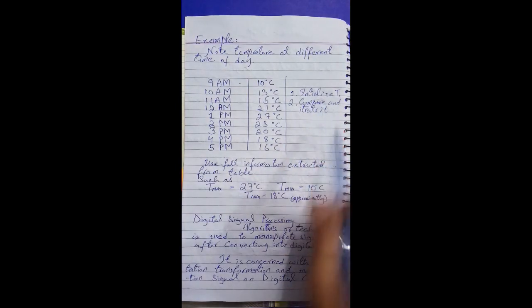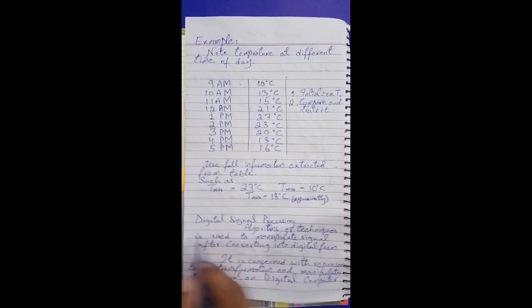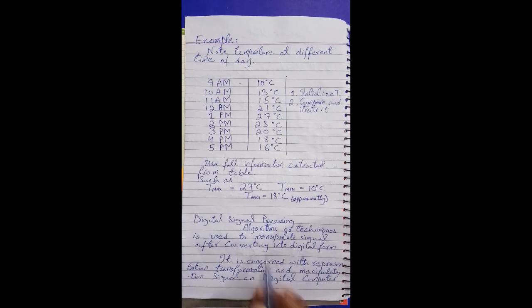By using this algorithm we can get T maximum and T minimum. So what is digital signal processing? An algorithm or technique used to manipulate a signal after converting it into digital form, or it is concerned with the representation, transformation and manipulation of signals on digital computers.